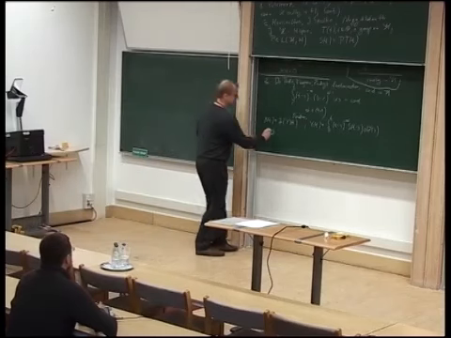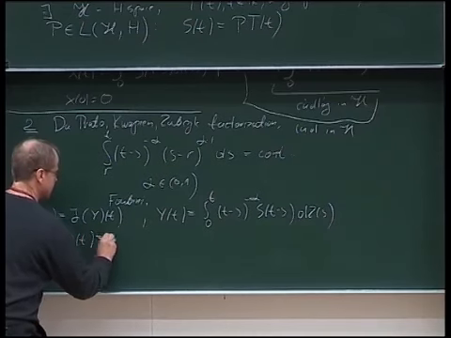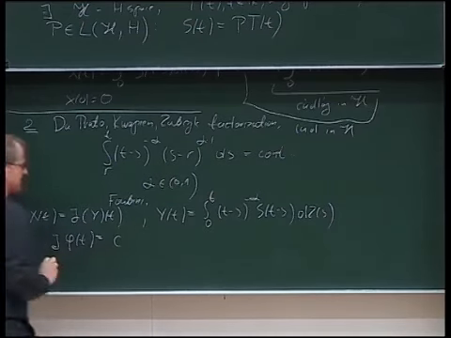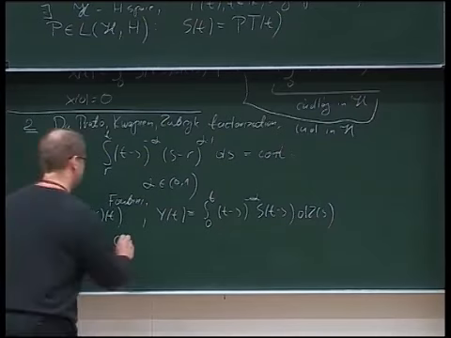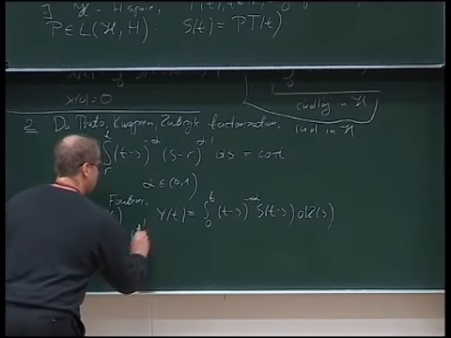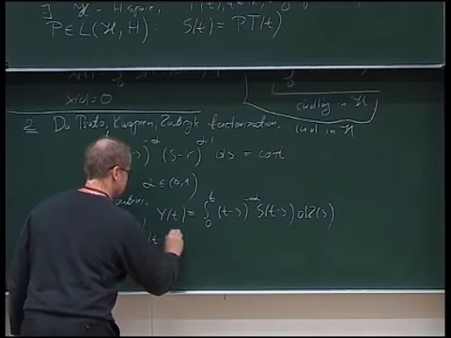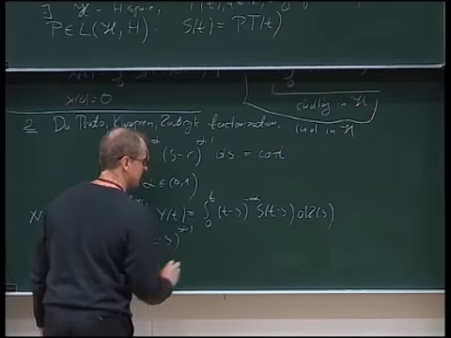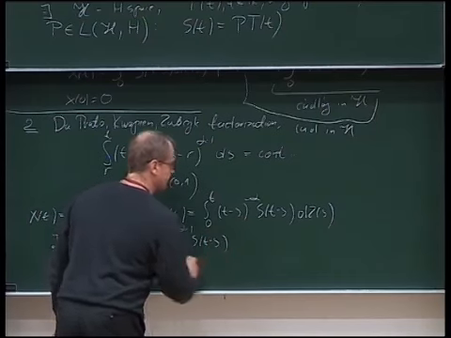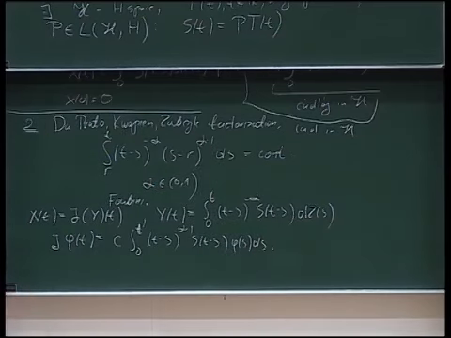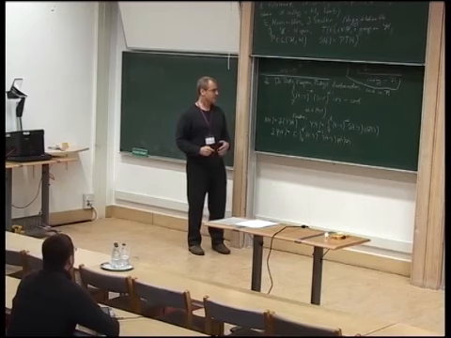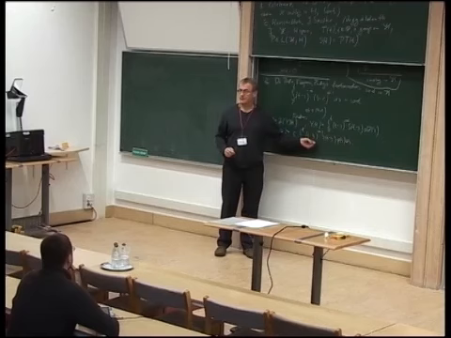It acts on the trajectory, so J phi of t is some constant depending on alpha, which is known but doesn't matter, times the integral from 0 to t of (t-s)^{alpha-1} S_{t-s} phi(s) ds. So we have this representation, and of course we have some extra singularity right here.